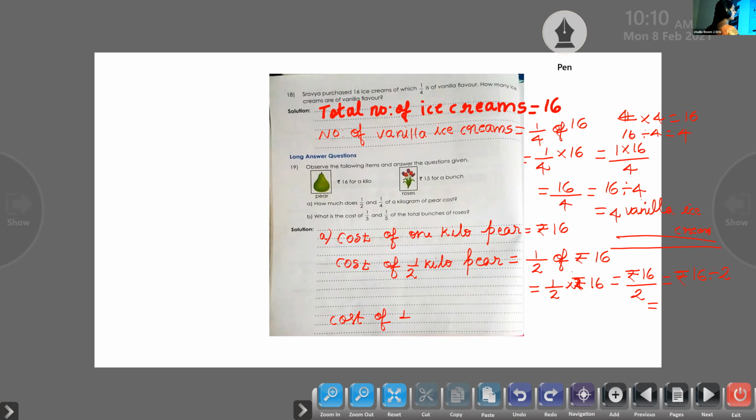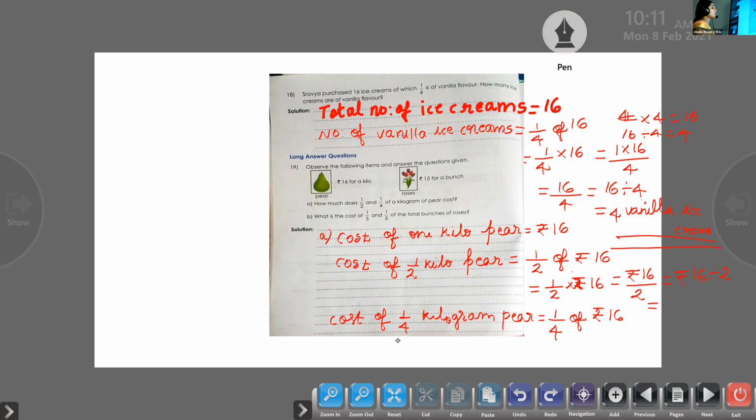1 by 4 kilogram. If you want, you can write kilogram pear. For that, you have to find 1 by 4 of rupees 16 because it is only 1 by 4 kilo pear.